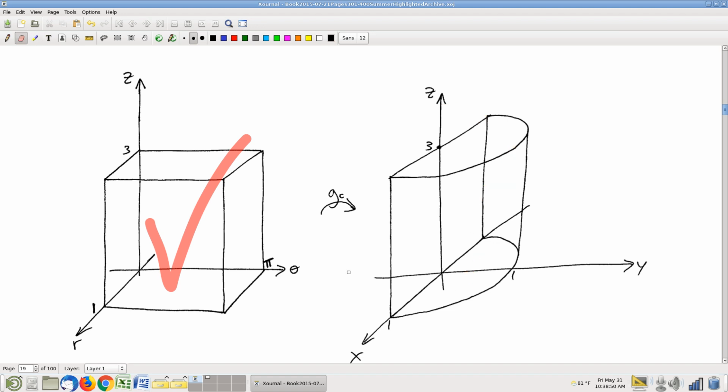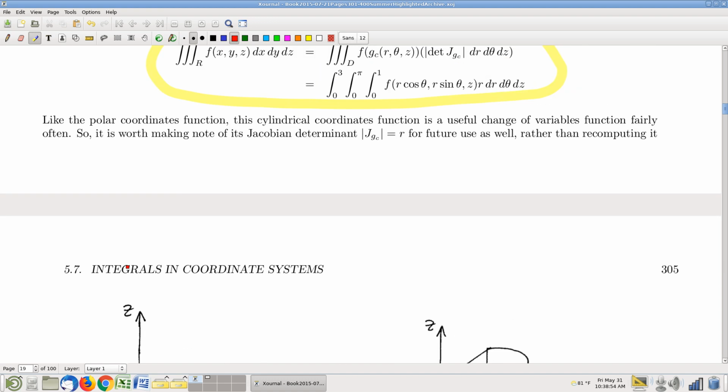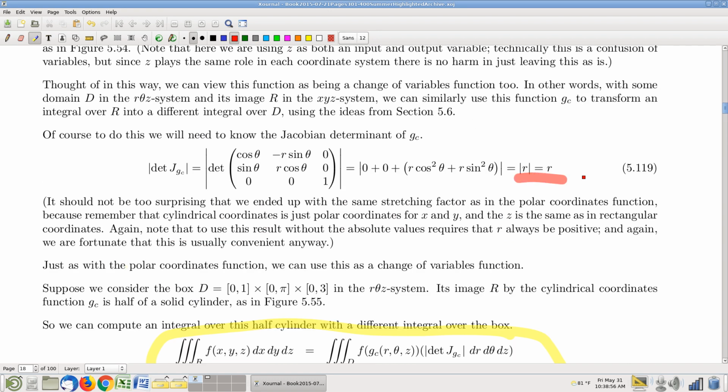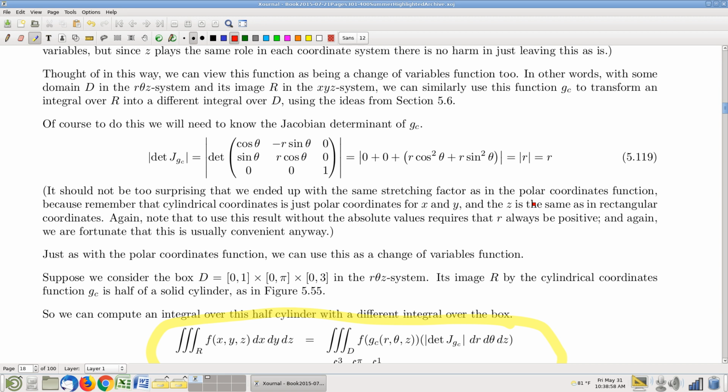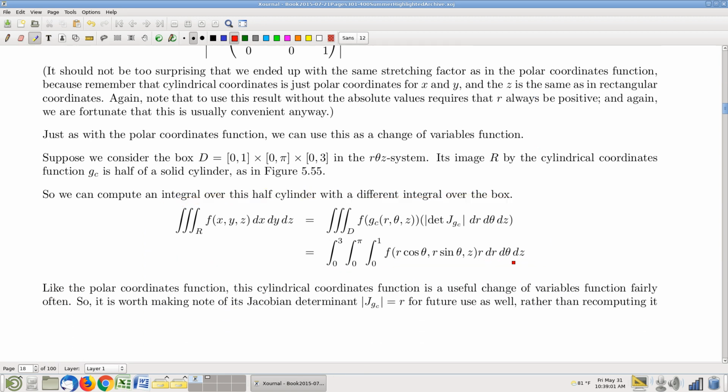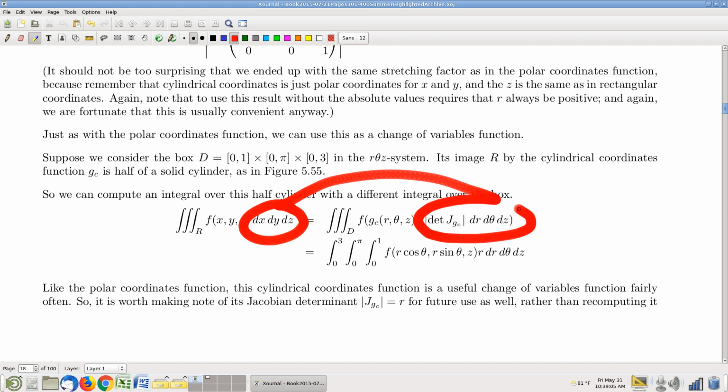Everybody wins. And so now it's just a matter of, we already computed the Jacobian determinant, plugging in everything that we've just figured out. dx dy dz is stretching factor times dr d theta dz. We know the stretching factor is r.